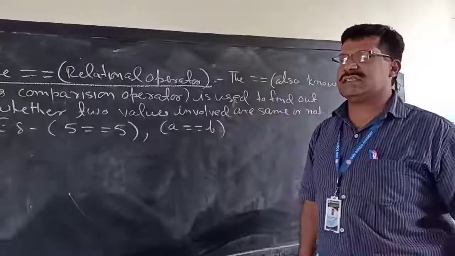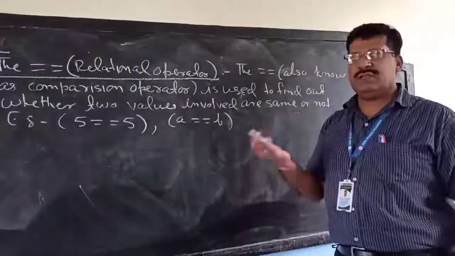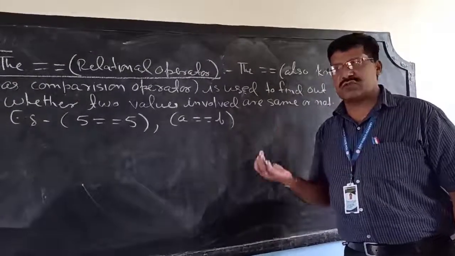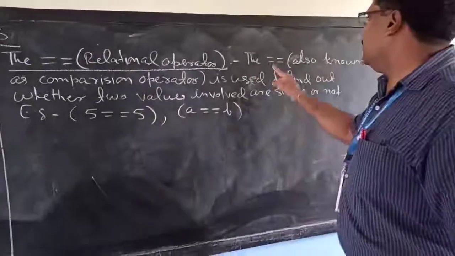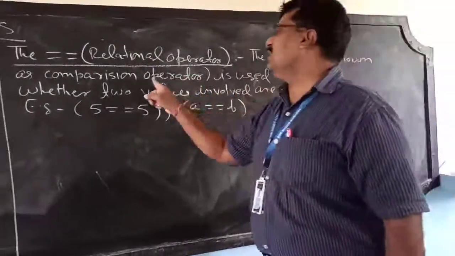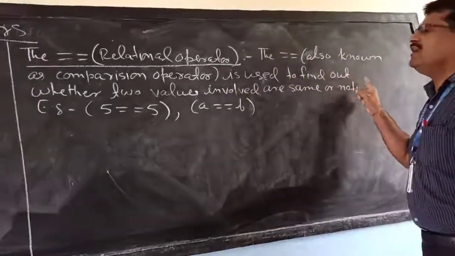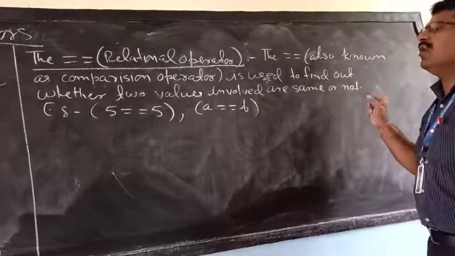If they are the same, equal, output comes true. If they are not equal, output comes false. So the double equal to is used to find out whether the two values involved are the same or not.